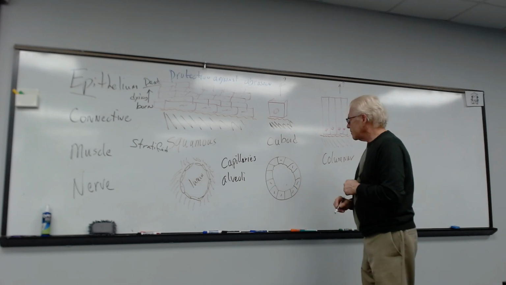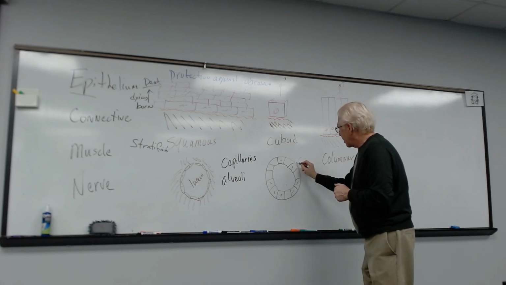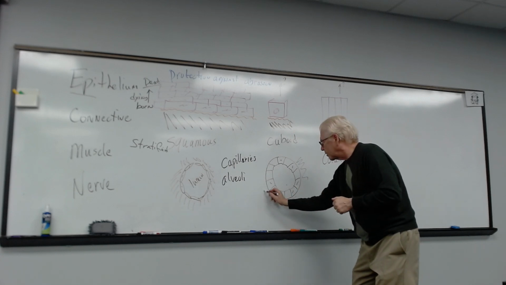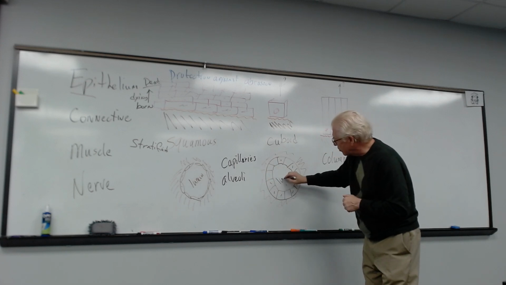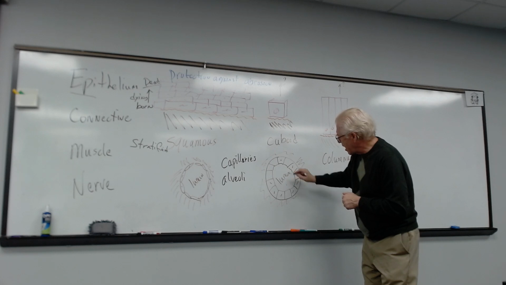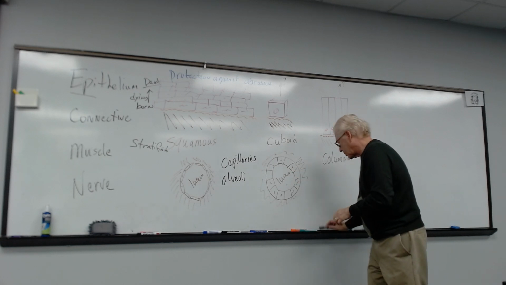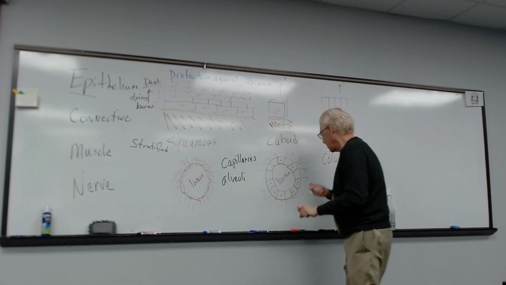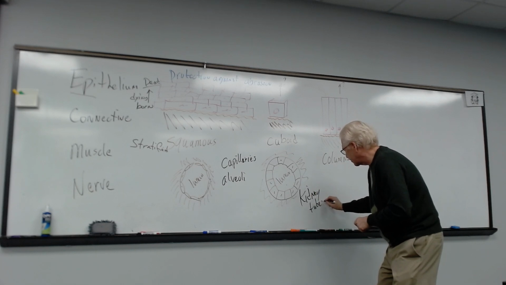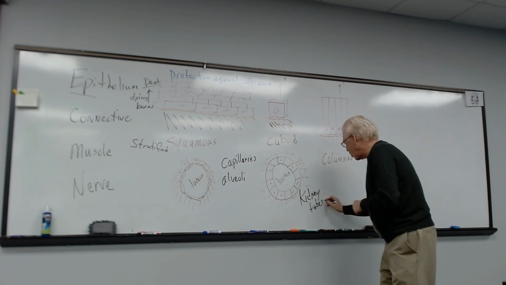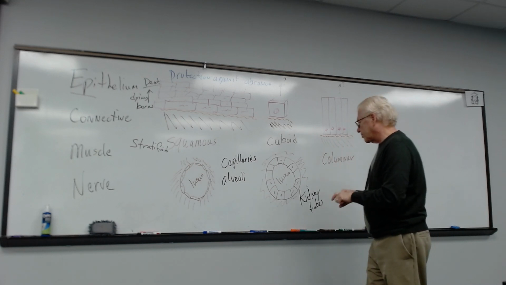Okay? And again, connective tissue out here. And what's on the inside? It's hollow. This is your lumen. And these happen to be kidney tubes. That's the kidney tubes. Okay? And what is the function of these kidney tubes?